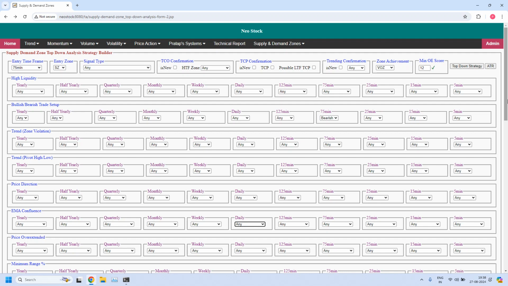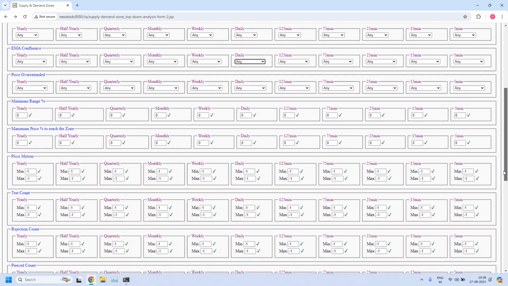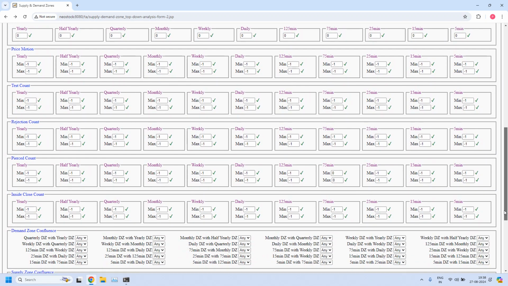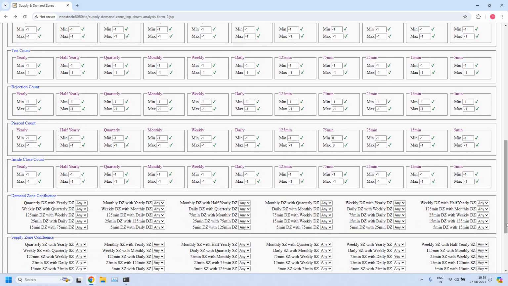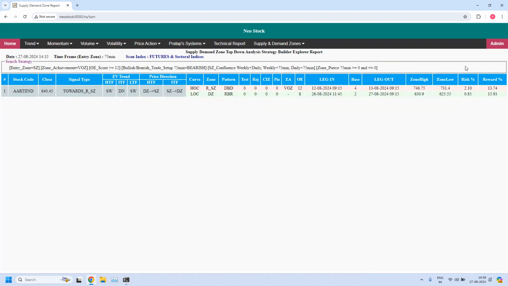Now let us look for whether the zone is having HTF confluence. ITF is already there. Let us check whether HTF supply zone confluence is there or not. Already we enabled 75 minutes and daily. So next 75 and weekly is enabled, and daily supply zone and weekly supply zone is also enabled. Is it supporting all the three filters, HTF, ITF and LTF zone confluence?